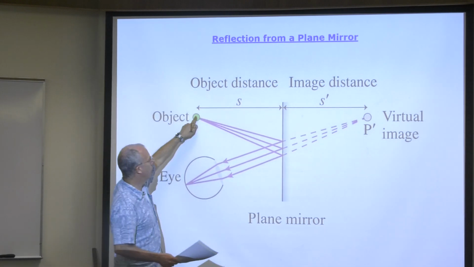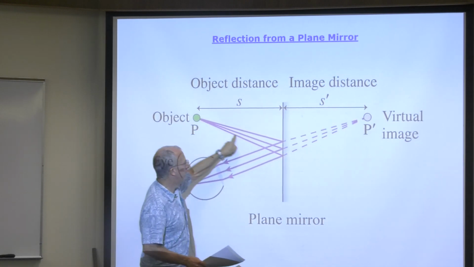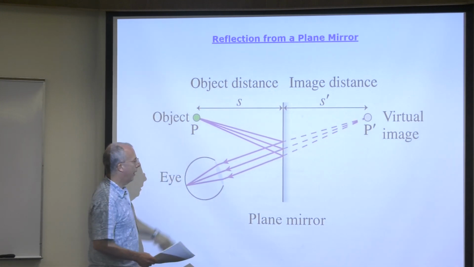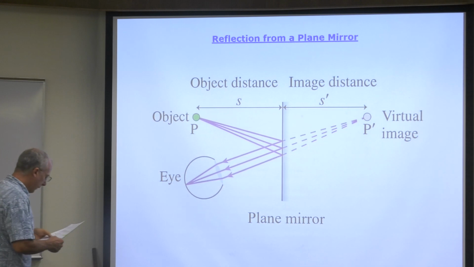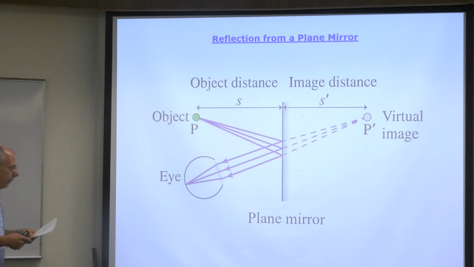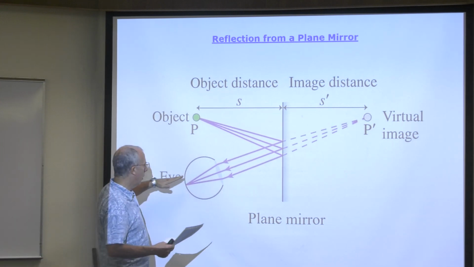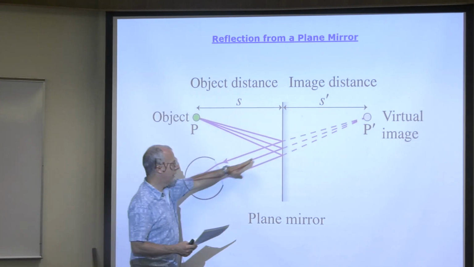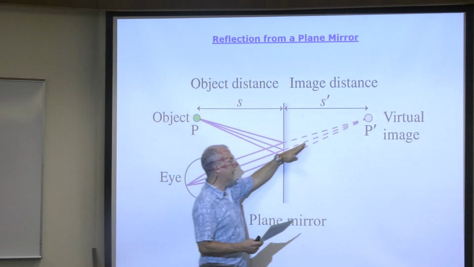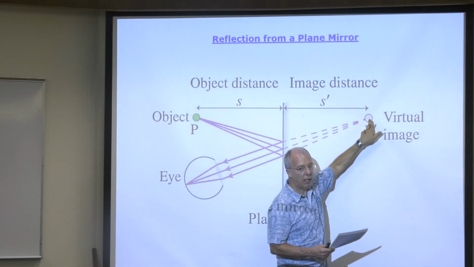The light reflects off of this, hits the mirror, and then reflects back into your eye. What do you notice? When you're looking at the mirror, the light is coming in this direction towards you, so you think the image is over here.